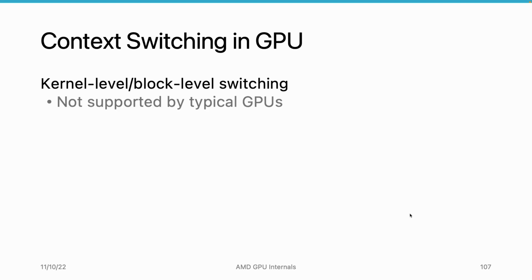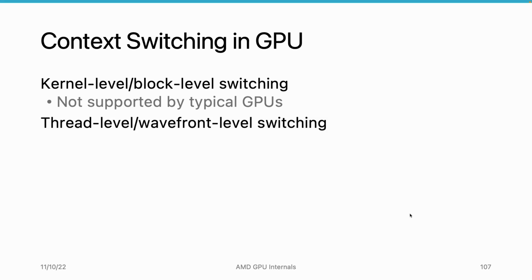The quick answer is it's typically not supported by GPUs. There are some modern GPUs, and some theoretical GPUs that only exist in research papers. Yes, it's being discussed, but it's not generally supported by currently available commercial GPUs.